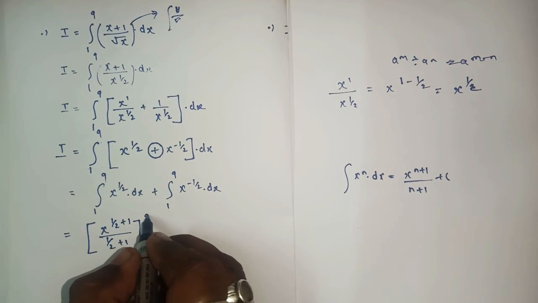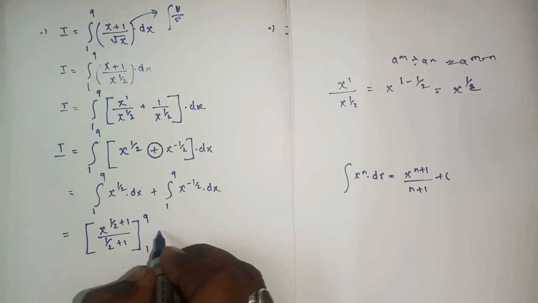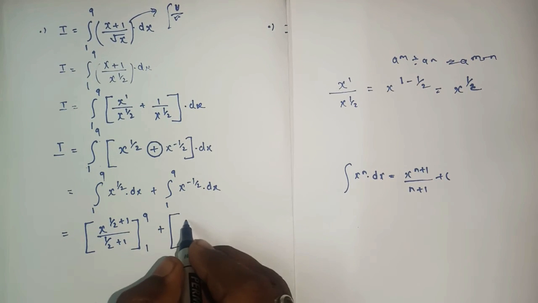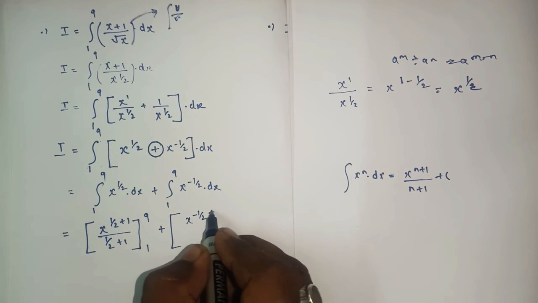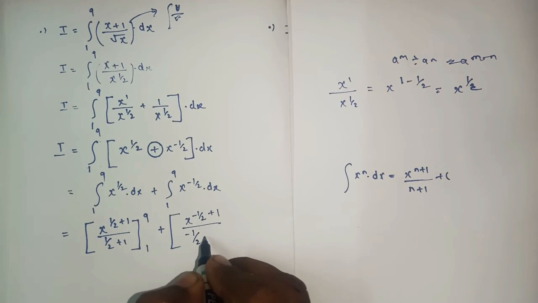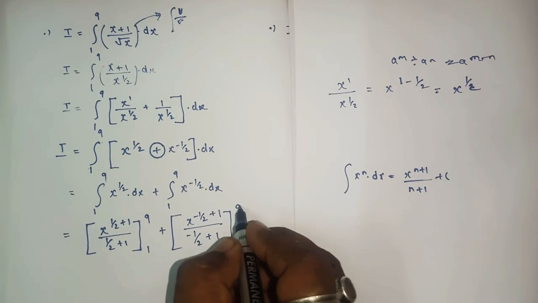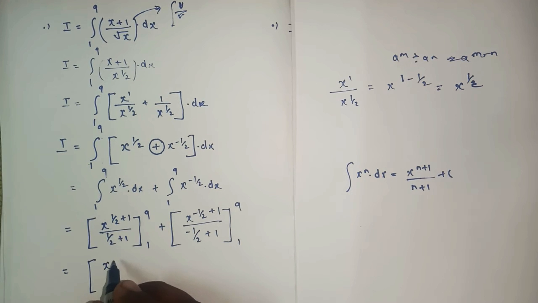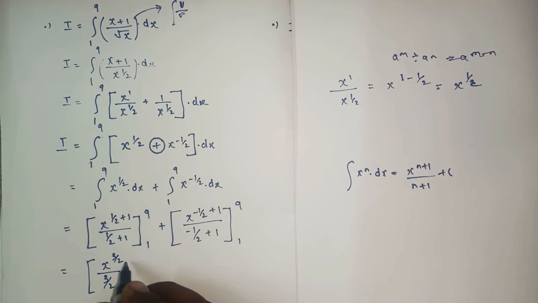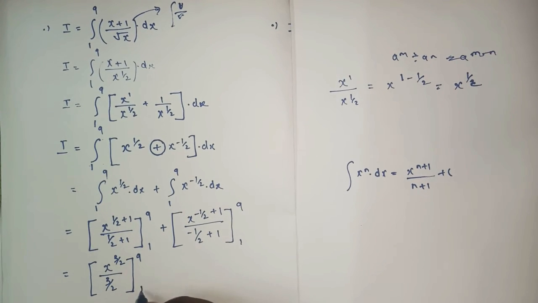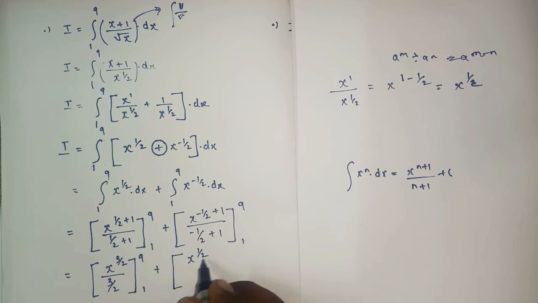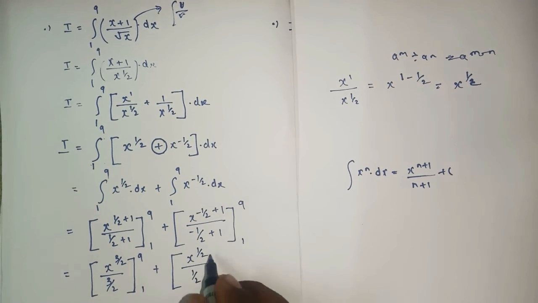You have no need of writing c, yes or no, plus, here also we'll apply the formula, so x raised to minus 1 by 2 plus 1 upon n plus 1, yes or no. Then further this we can write as x raised to, cross it, so here you will get 3 by 2 upon 3 by 2, yes or no. Here you will get x raised to 1 by 2 upon 1 by 2.